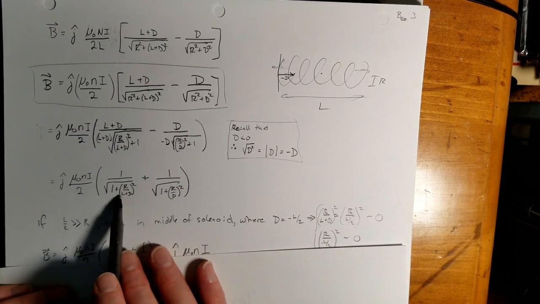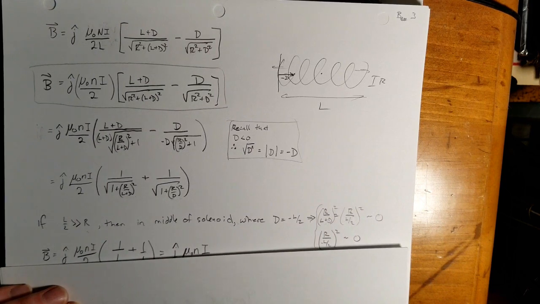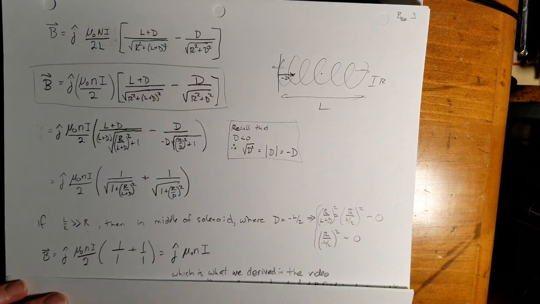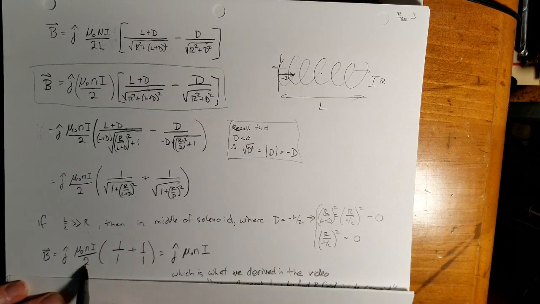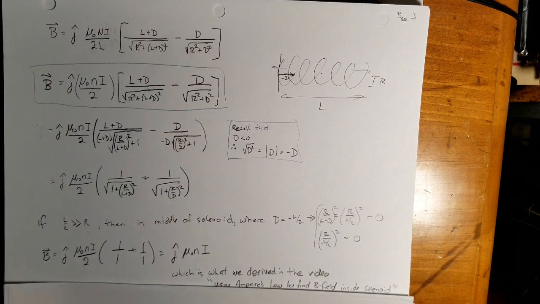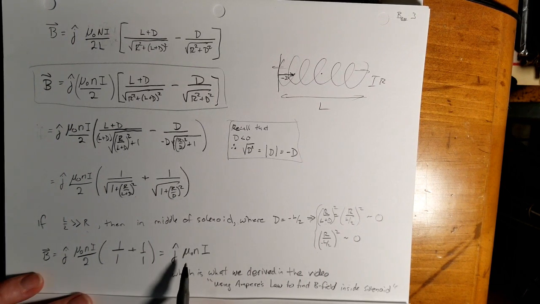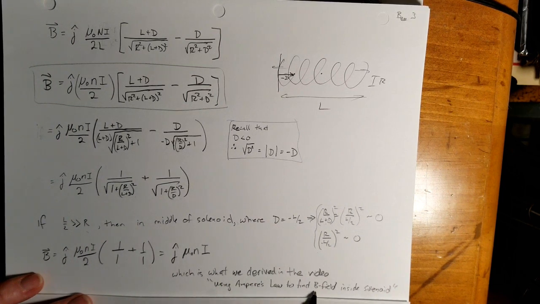In other words, this term and this term go off to 0, and we end up with j hat mu naught little n I over 2 times 1 plus 1, which is j hat mu naught n I.